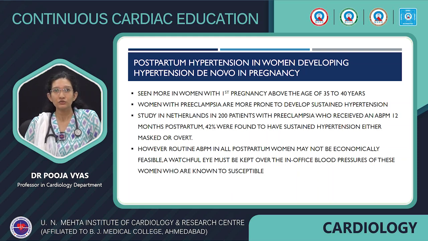And it was found that 42% of the patients had sustained hypertension, either masked or overt. However, routinely we don't use ABPM in all postpartum females because it is not economically feasible. But we should be watchful in those cases, as they are susceptible to develop hypertension in the postpartum period also.